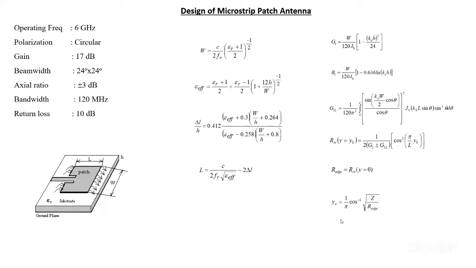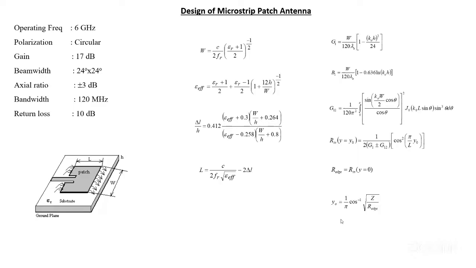To shape it to work at a particular frequency, we need some frequency details and what polarization is required, what gain, beamwidth, axial ratio, bandwidth, and return loss are required. All those come into the picture while arriving at the shape of that radiating element, which is the patch here.